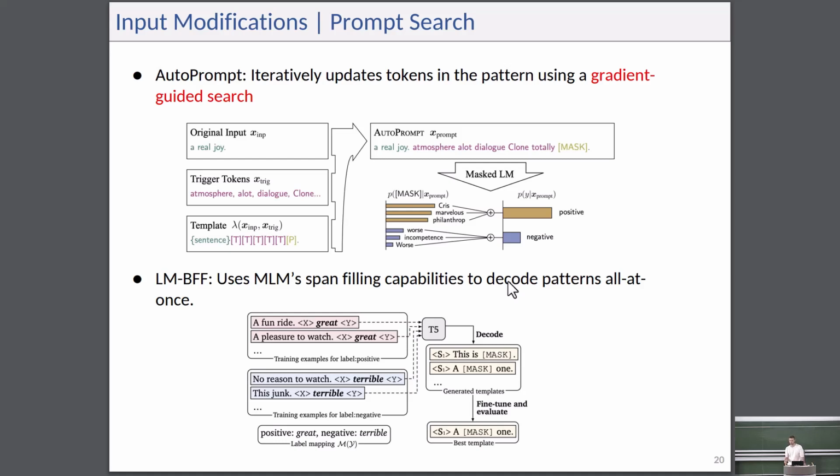So that's what I was saying before. It's not 100% understood why, for instance, in this case, the word atmosphere will facilitate the performance on this specific task. Very likely the word atmosphere is a trigger word, meaning that it has a very high frequency in this case, in the sentiment analysis task.